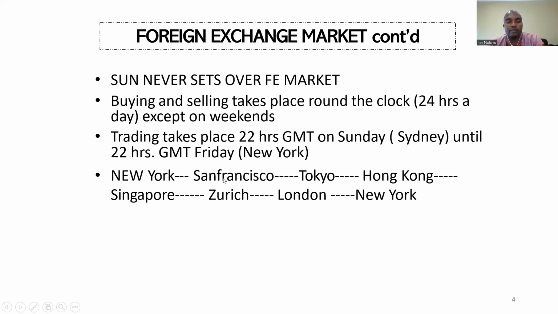So trading basically takes place throughout the world. And the major centers are those that are listed in bullet number 4, with New York being one of the leading centers. New York, Hong Kong, and so on.